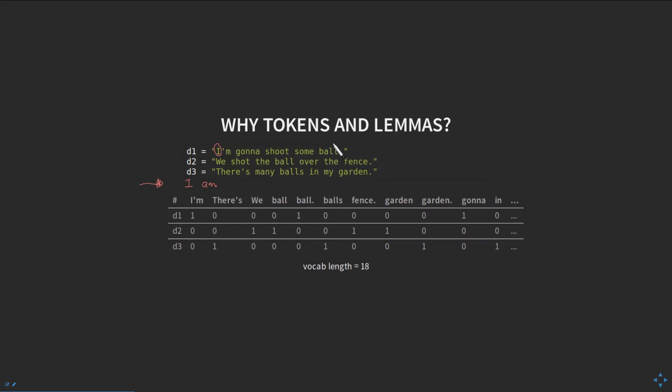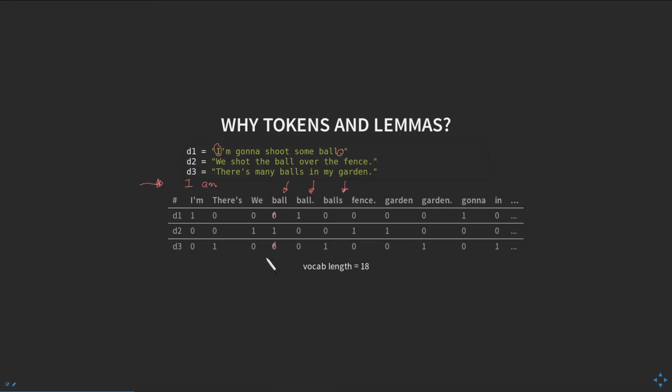And the same holds for words that, for example, have a period, like ball. As you can see here, we have ball with a period here. We also have balls. And to our model, it might actually not be important if we are talking about ball at the end of a sentence or the plural form; we would want all these counts in ball right here.